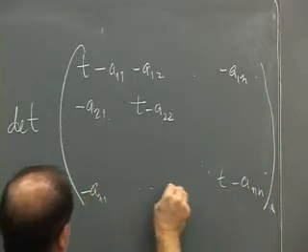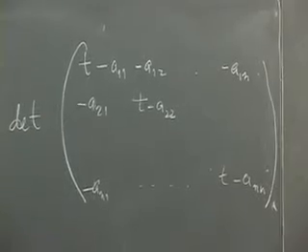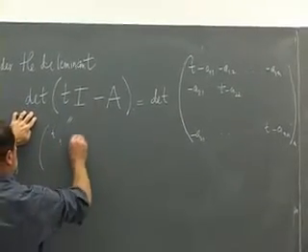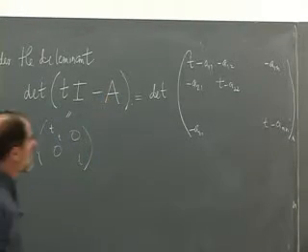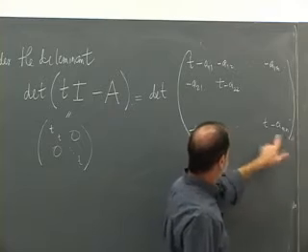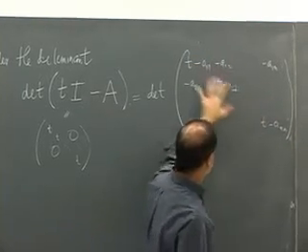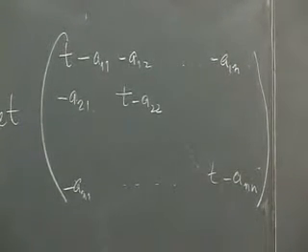So it would be a matrix whose entries are the entries of minus A, except along the diagonal you would add t times the identity matrix, because t times the identity matrix looks like t, t, t, with 0s elsewhere. And this looks like A. So you have an n by n matrix where the entries are not scalars, but t you think of as a variable. Now you can calculate this determinant by the usual determinant formula, and it turns out to be a polynomial in t.